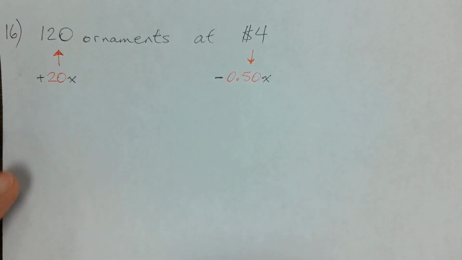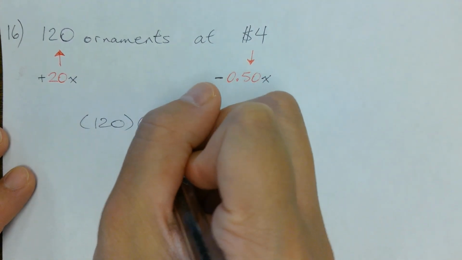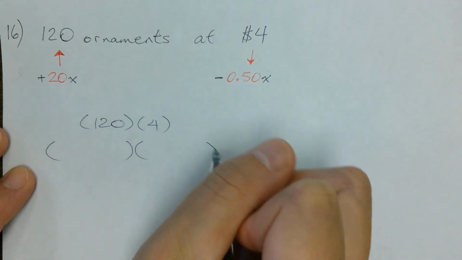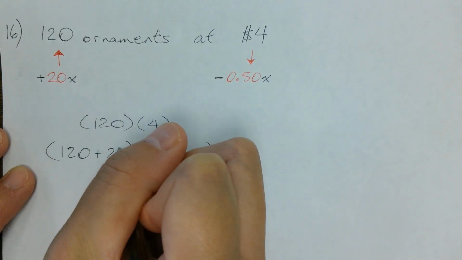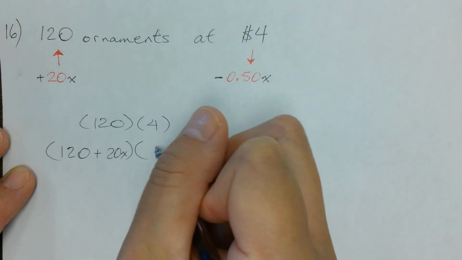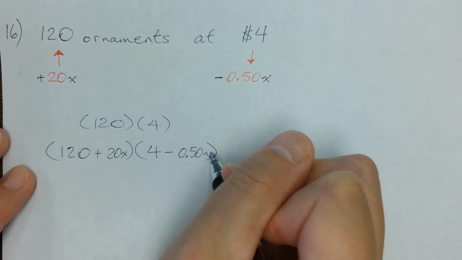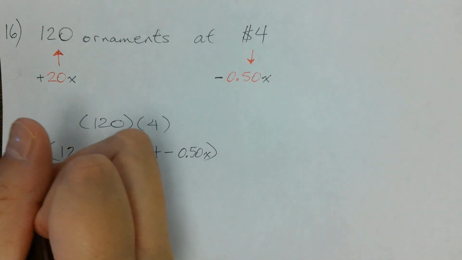Right. So instead of just doing 120 times 4, my equation is now going to be 120 plus 20x times 4 minus 50 cents x. Right?